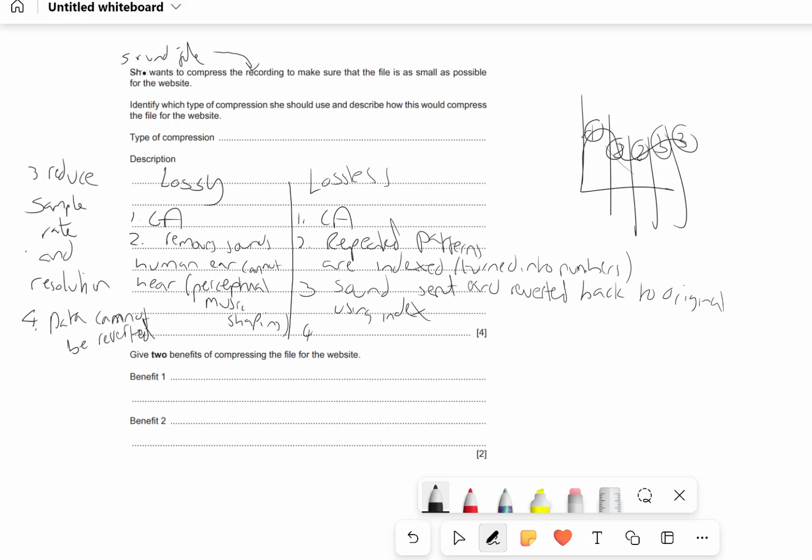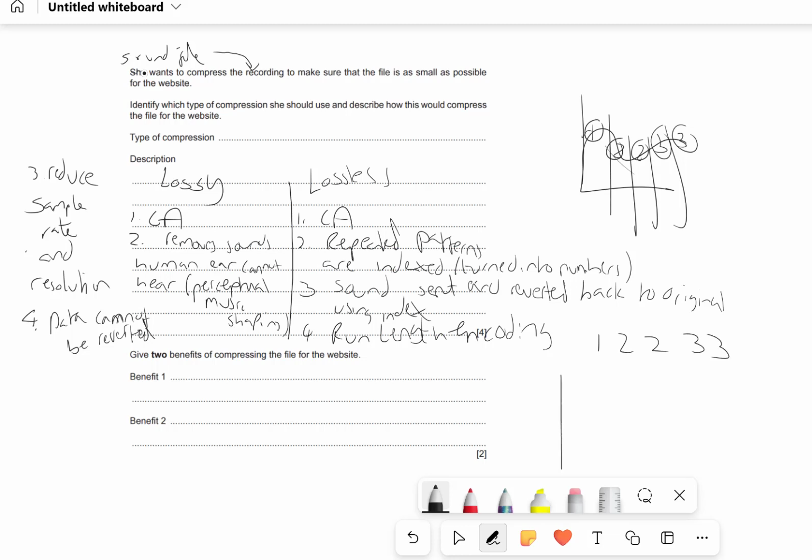You could use something like Run-Length Encoding, which we'll talk about in a different question. So the sound file will be sent like this: 1, 2, 2, 3, 3.